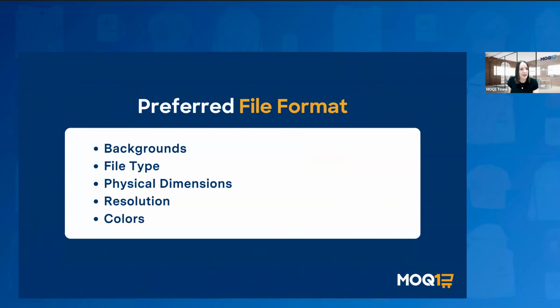So in the simplest explanation, optimizing artwork for digital print means that backgrounds are transparent, so you don't end up with a big white square behind your design on a t-shirt. You're using the best file type for both print and mockup generation. The physical dimensions of the logo are consistent with our standard print size. The resolution or clarity is high enough to print clearly, and the colors used in your design will translate well to print.